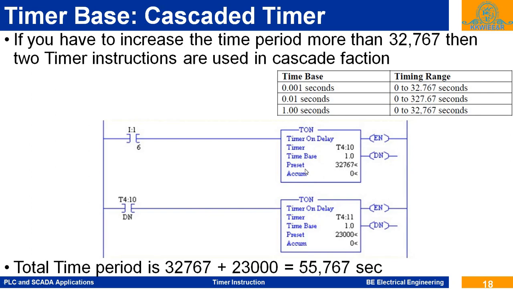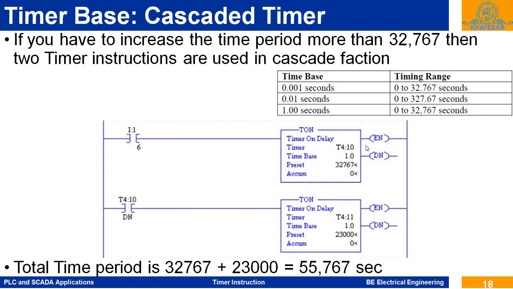32767 is entered into the preset of the first timer, and the 23,000 preset value is entered into the second timer to get the total time period of 55,767 seconds. Okay.